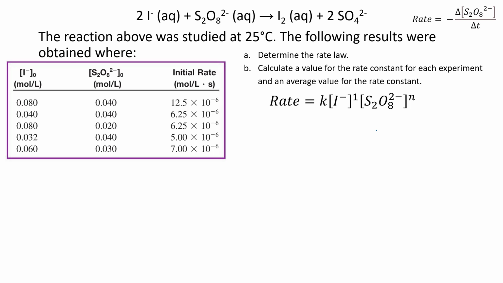So I'm going to kind of erase my ink marks. I figured out already that my m is 1. Now I need to solve for n. So let's compare the rate of 1 and 3.